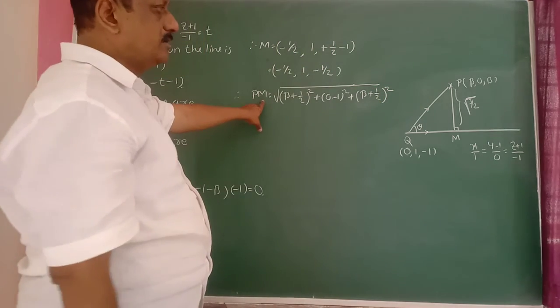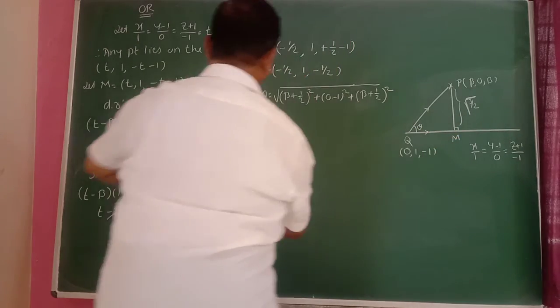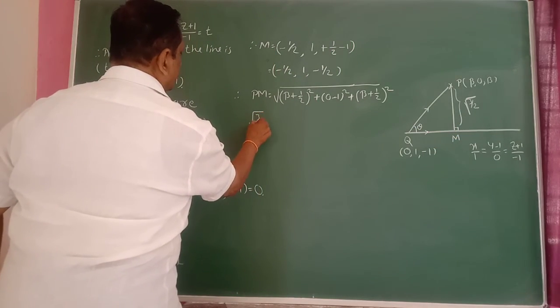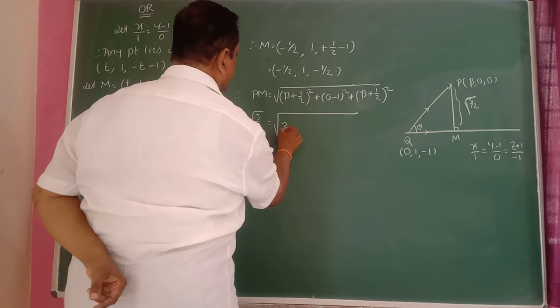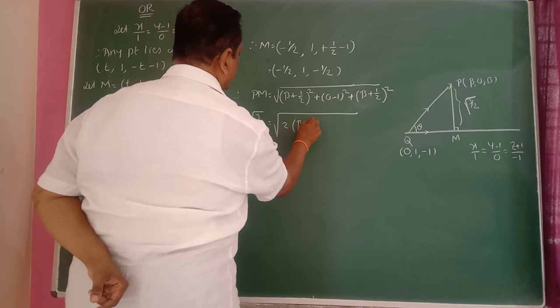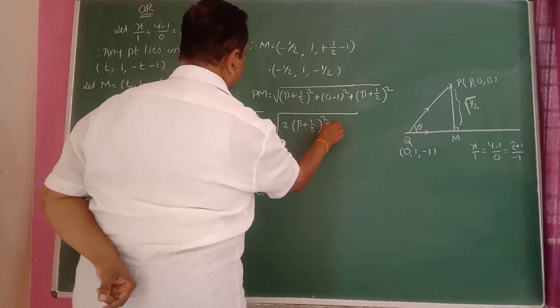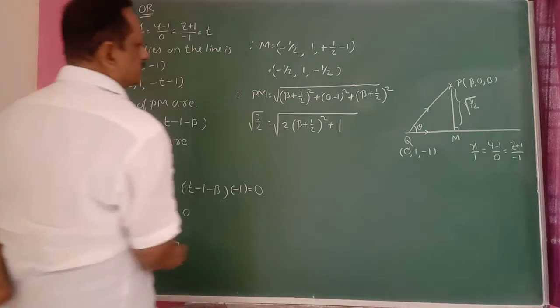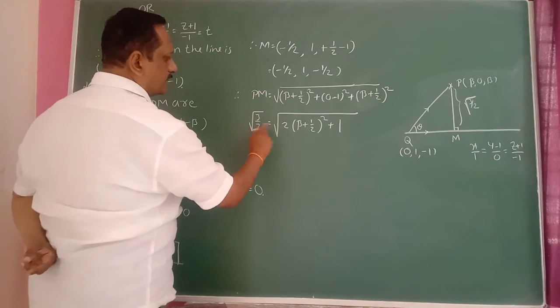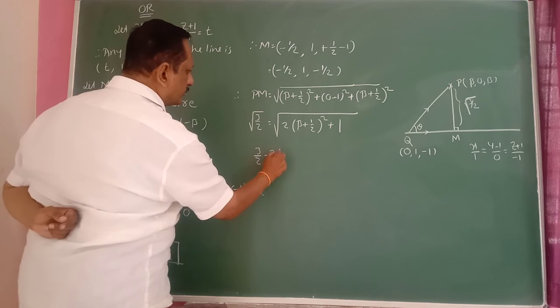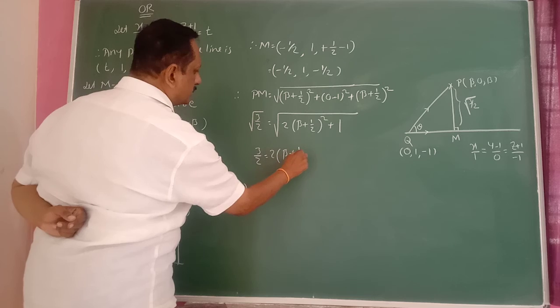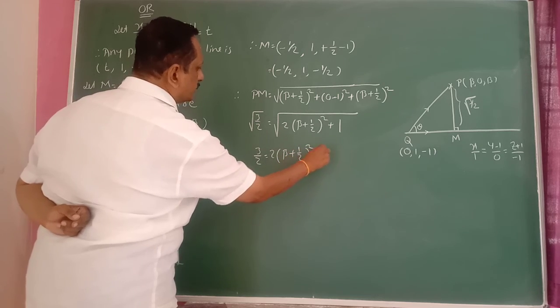But PM is root 3 by 2, so root 3 by 2 is equal to root of 2 into (beta plus 1 by 2) square plus 1. Squaring on both sides, 3 by 2 is equal to 2 into (beta plus 1 by 2) square plus 1.